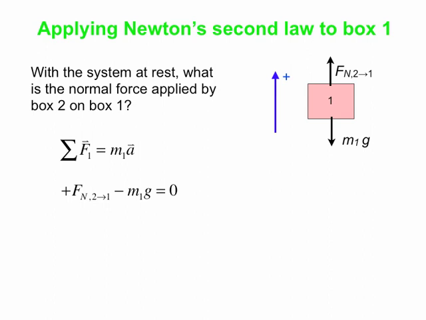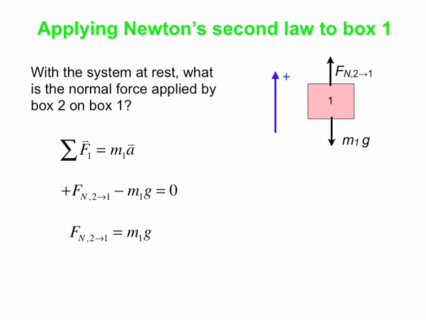So that's how we use the free body diagram to evaluate the left-hand side, the sum of all the forces added up as vectors. On the right-hand side now, we're evaluating M1 times A. Well, what's the acceleration in this case? Well, these guys are at rest. This box is at rest in this particular case, so there is no acceleration. So that's where the 0 comes from: the acceleration is 0.